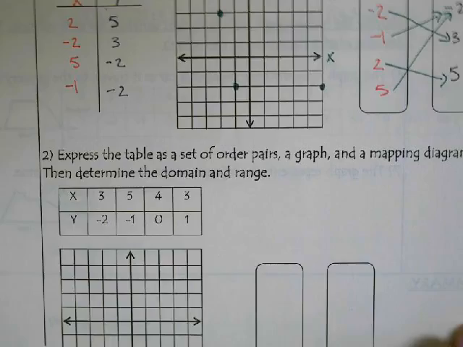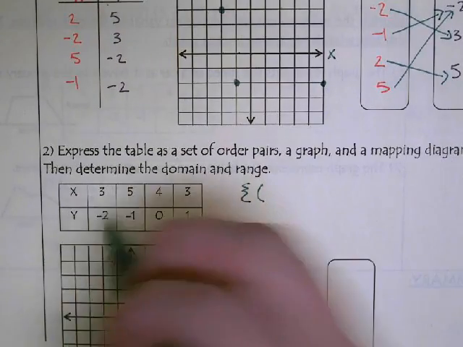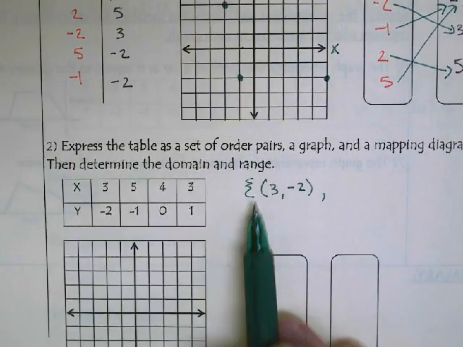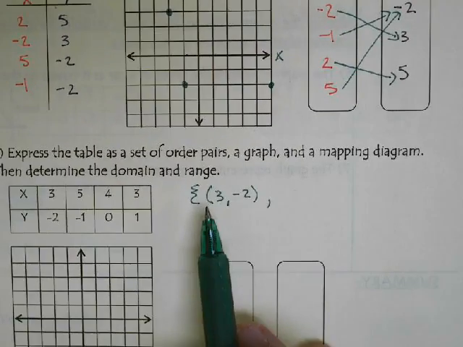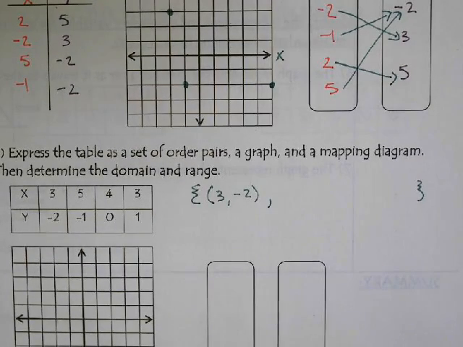Let me give you an example of the first one. I would have 3, -2. So finish up our set of ordered pairs, and then we'll graph them, and then we'll create a mapping. So pause here and try that on your own.